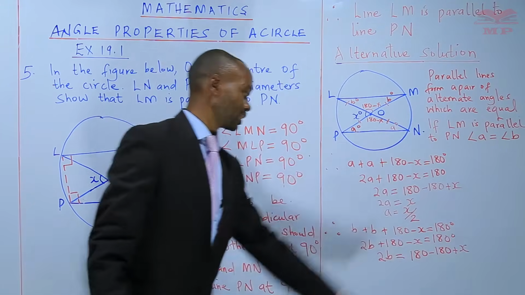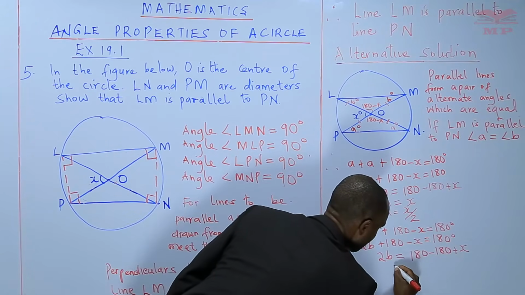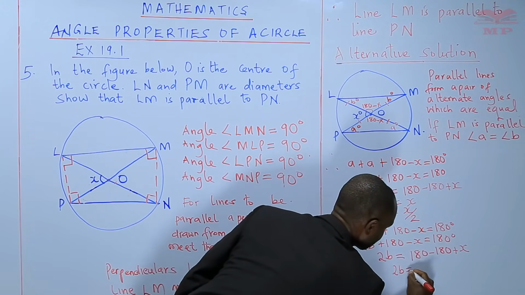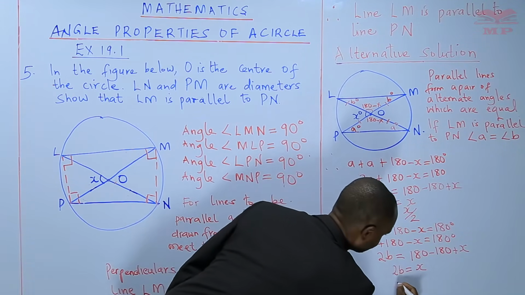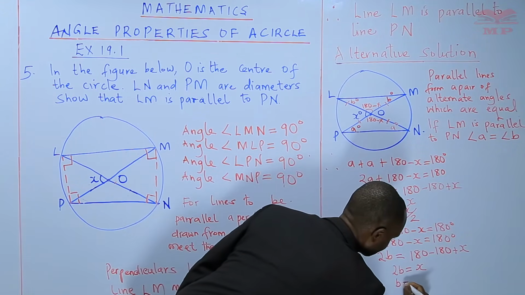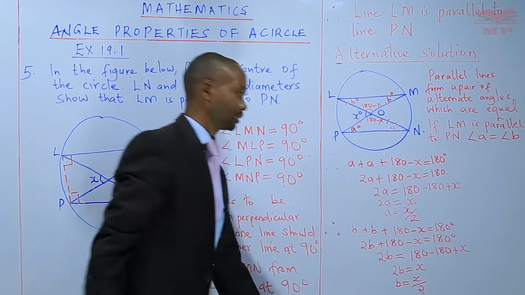So 180 minus 180 is 0. Therefore, 2B is equal to x. Therefore, B is equal to x divided by 2.